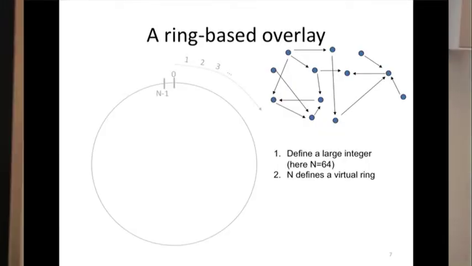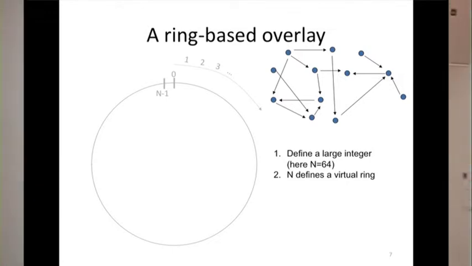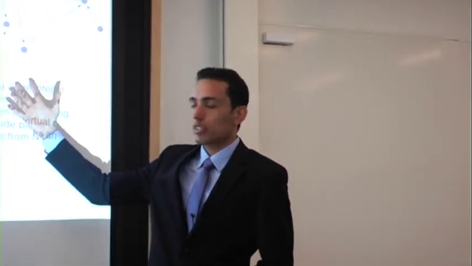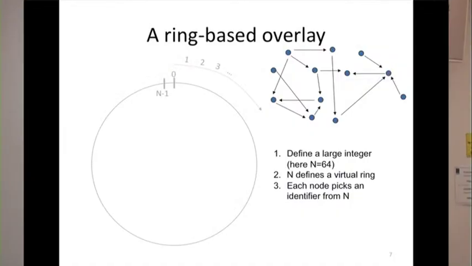And then we perceive this as a virtual ring, which starts from 0, increases clockwise, and ends at n-1. That's why it's called a ring overlay, because it has the shape of a ring. Now, this identifier space is mapped to nodes. How? Each node can pick an identifier from this.